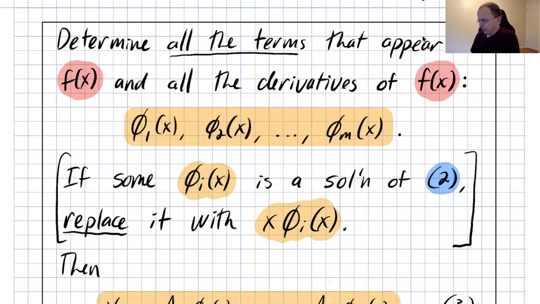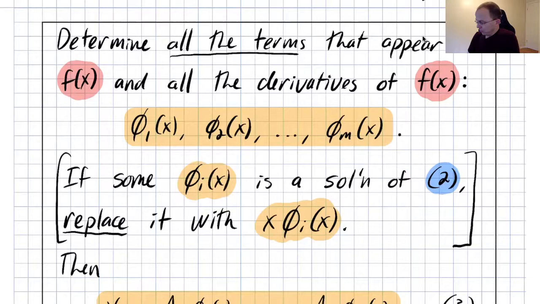So what we do is we do the trick that we saw from before, where when we had double roots, we replace this function with x times that function. And that's basically it.